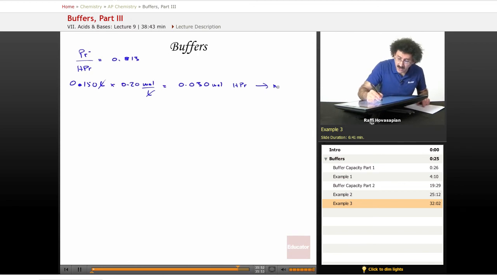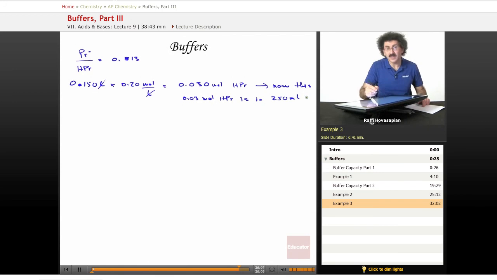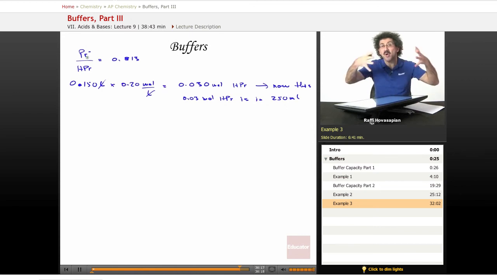Okay. Now this 0.03 mole of HPr is in 250 milliliters. Okay? Because again, I'm adding another 100 milliliters of solution, and the Henderson-Hasselbalch equation talks about the molarity of the whole solution.